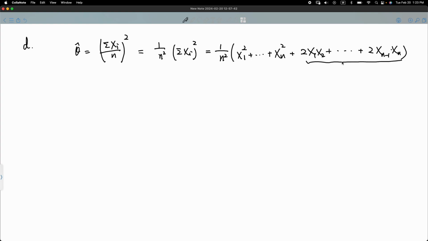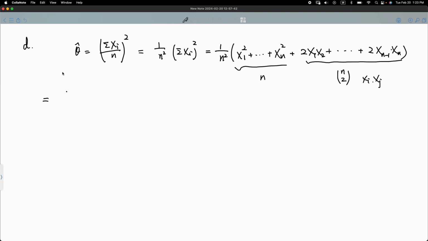So you need to realize there are n choose 2 copies of different interactions between xi and xj. There are n copies of the square term.